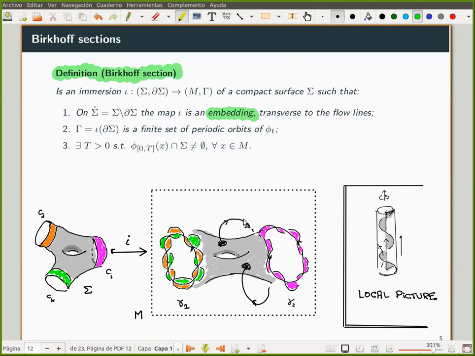Here on the right we have a local picture of how the immersion of this surface looks near a boundary component. This is some kind of helicoidal surface spinning around the periodic orbit.